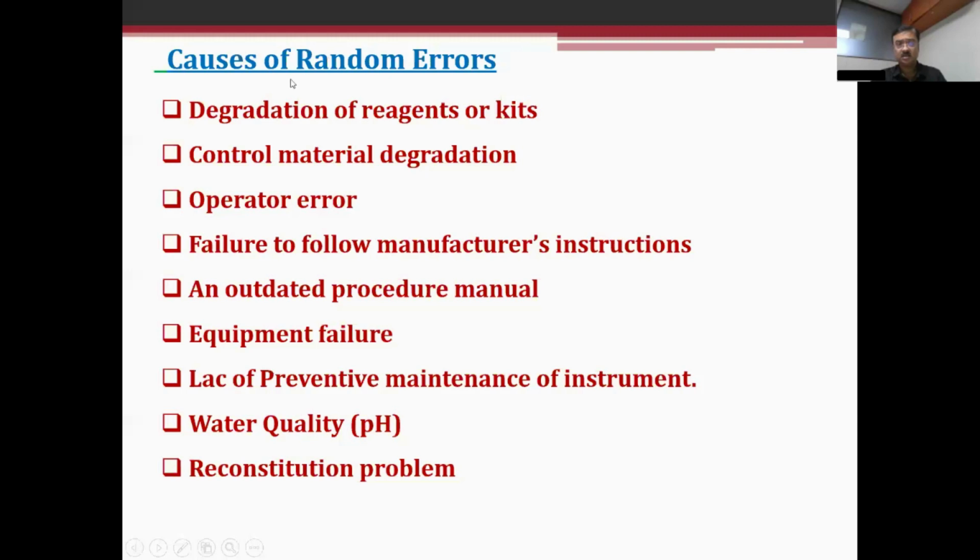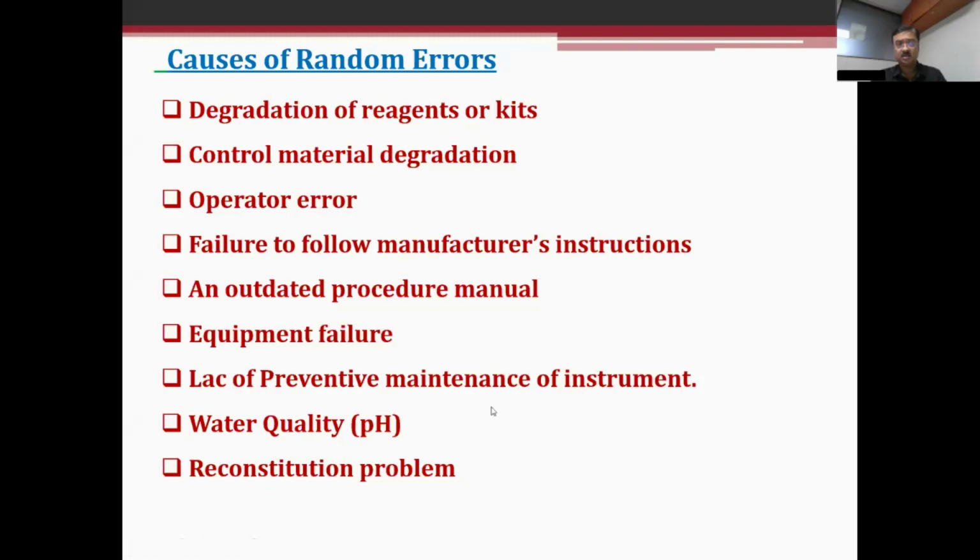The control material has degraded. Until and unless you change the control material, the same will keep on happening. These are all systemic errors which can happen. If your sample is reconstituted, the same problem will remain.